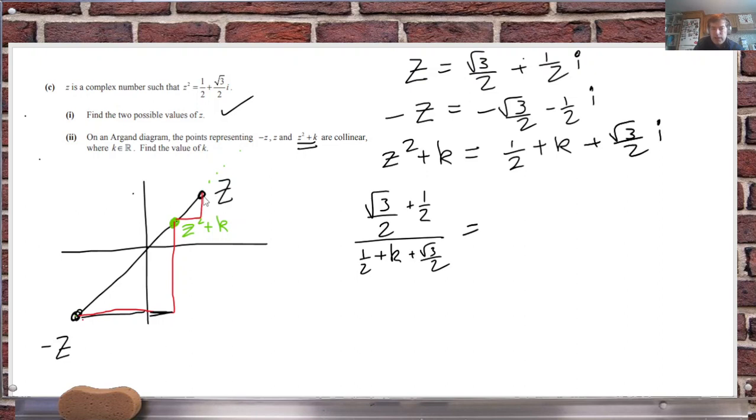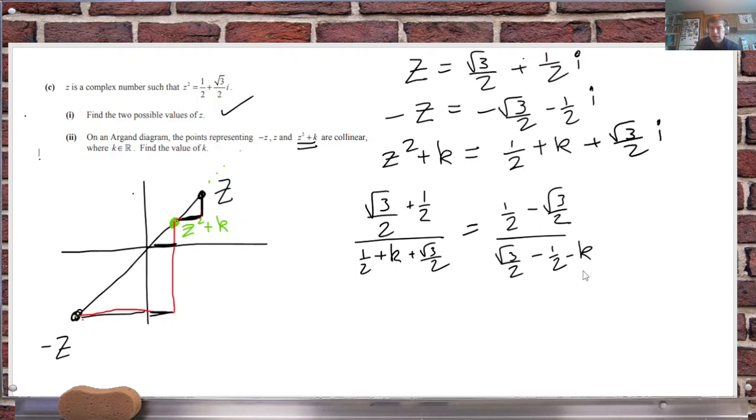Okay, this one here now, that height is a half i, and we just want to take away, okay, so that'd be a half minus root 3 over 2, and then this one here, well, out to there is root 3 over 2, and then you'd want to take away this here, which is a half plus k.